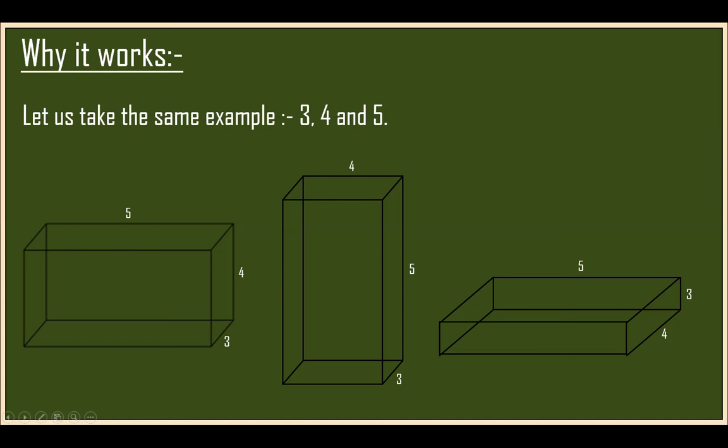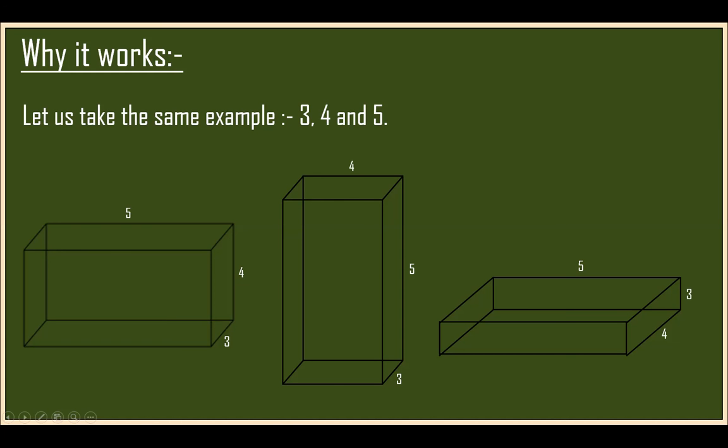In the first one it is 5 times 4 times 3. If we first do 5 times 4, that's 20, times 3, 60. Then we do 4 times 5 times 3. 4 times 5 is 20 again, times 3, again 60.